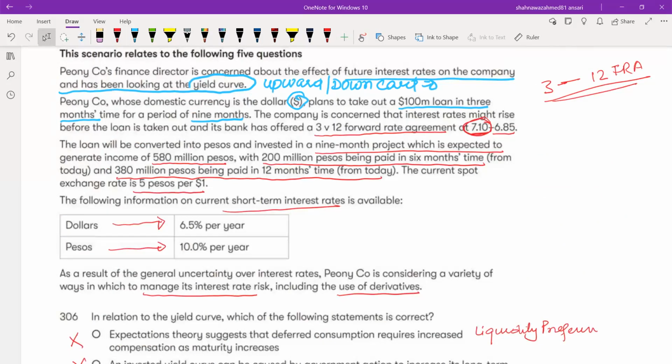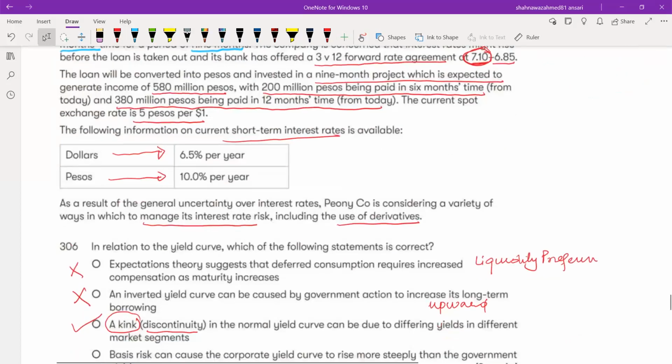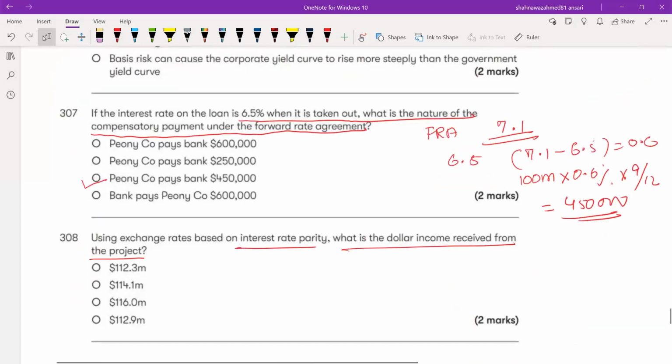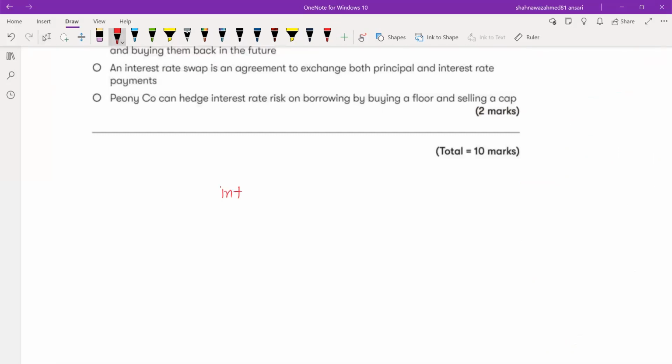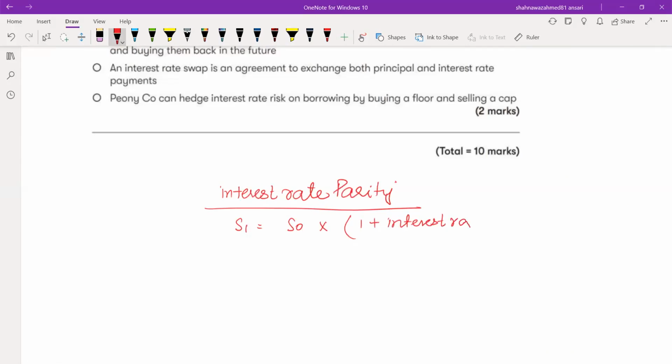So we have to find out the forward rate. Spot rate is given, interest rate is given. So in 6 months' time, what is the forward rate? We have to use the interest rate parity formula: one plus interest rate in foreign country divided by one plus interest rate in home country.